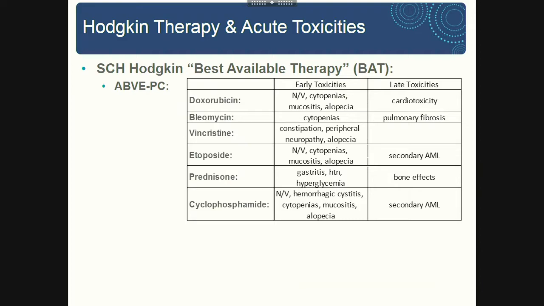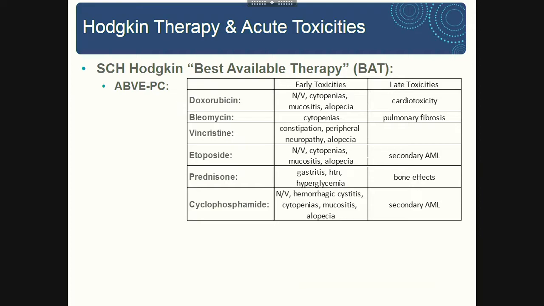So these are the different, I think there are 6 drugs here, that are part of our BAT. They all have quite a number of short-term toxicities, and then the long-term toxicities: doxorubicin cardiotoxicity, you guys probably are all aware of, especially if you've taken care of any patients on my studies. Thank you to all of you that have done the blood draws.